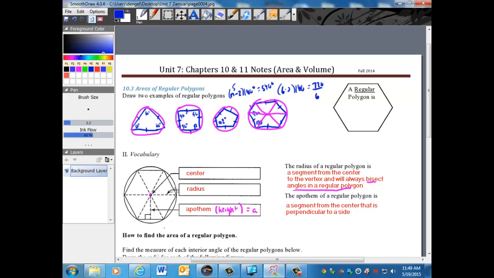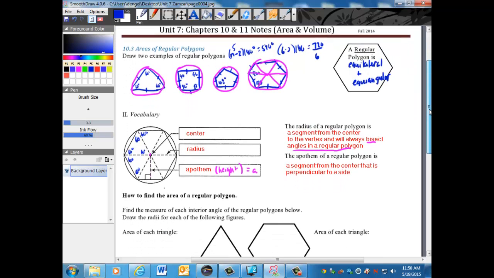Since all of these angles are 120, they get cut in half by the radius. So this is 60, 60, and we have 60, 60, and 60, and 60, and so on. So we know that all of these triangles inside are equilateral triangles based off of what we have shown. Alright, so a regular polygon is going to be equilateral and equiangular. That's review from a previous unit.